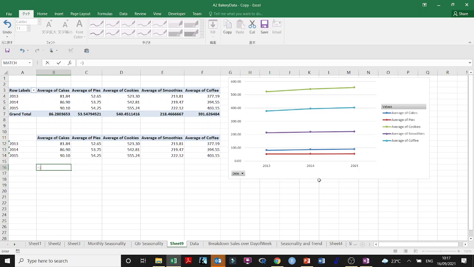So let's do the ending value, and then over the beginning value, and then this is to the power of, you guessed it.